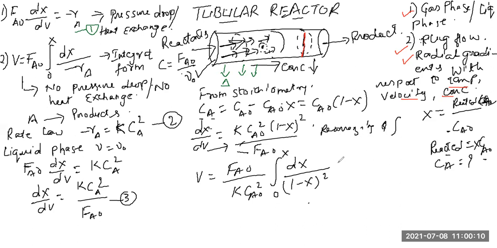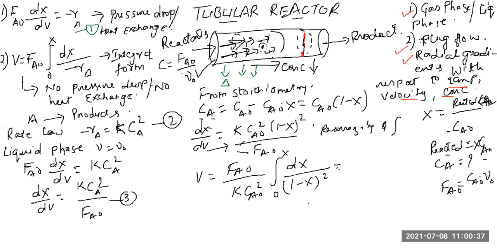So now you have to solve this integral, right? When you solve this integral, what you will get is, and you can substitute for Fa0 also. Fa0 would be from this formula, it would be Ca0 dot nu 0, right?